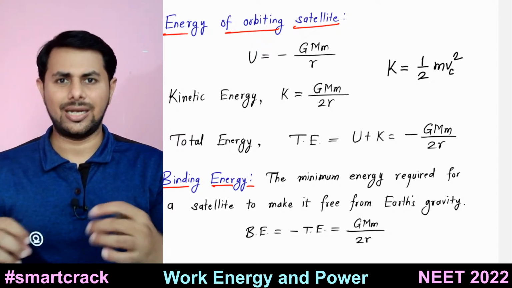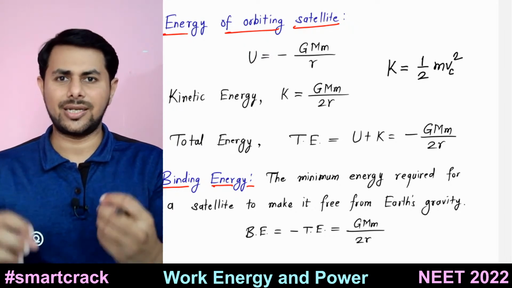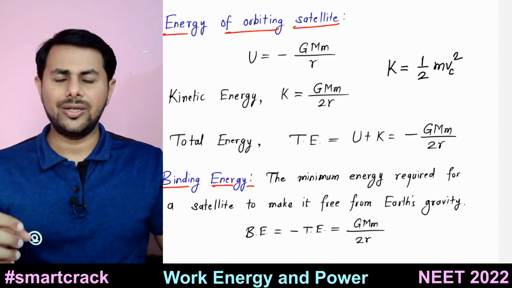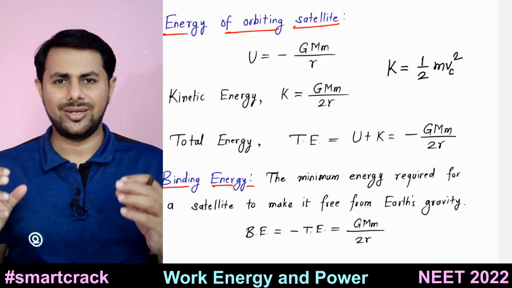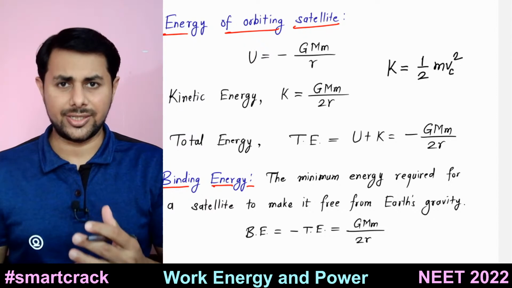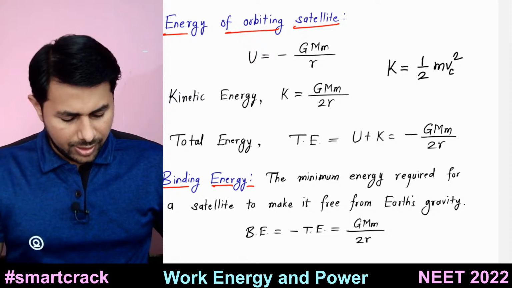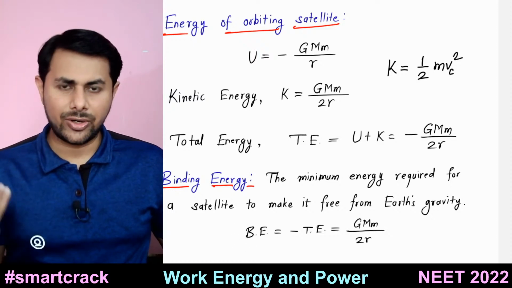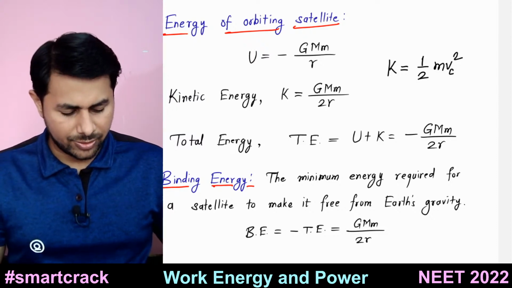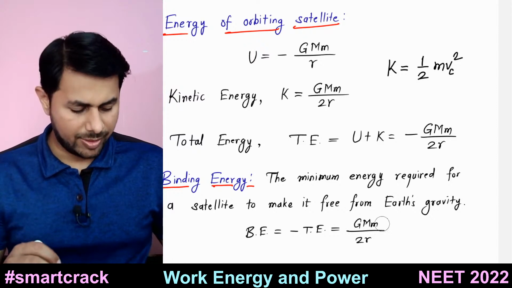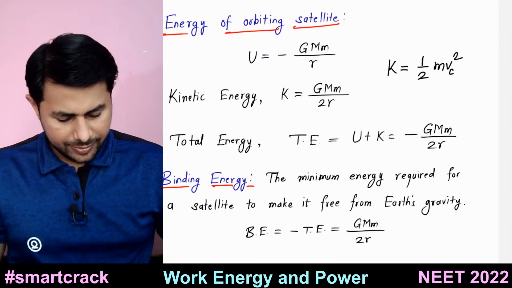What does the negative sign indicate? The energy with which it is bound to the Earth's gravitational field. In order to make it free, we have to provide positive energy equal to the energy with which it is bound. So the binding energy is the energy required for a satellite to become free from Earth's gravitational influence, and it is the negative of total energy, so it is plus half GMm over r. Okay, so this is simple.